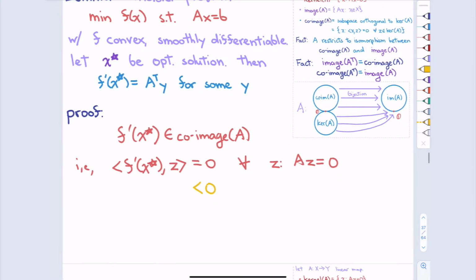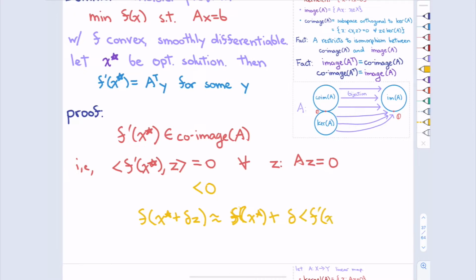Okay, then you know that f of x star plus a very small amount of z for sufficiently small delta is roughly f of x star plus delta times f prime of x star dot z, right?